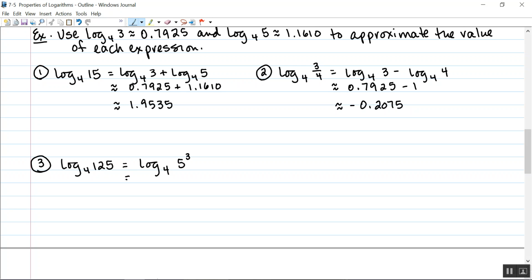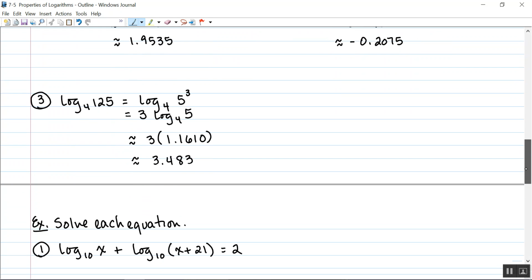So then, using the property that says I can take that exponent and put it out front, that's going to be 3 times log base 4 of 5, or approximately 3 times 1.1610, or approximately equal to 3.483. Okay, so there's an example of how you're going to use primarily the quotient and product properties.